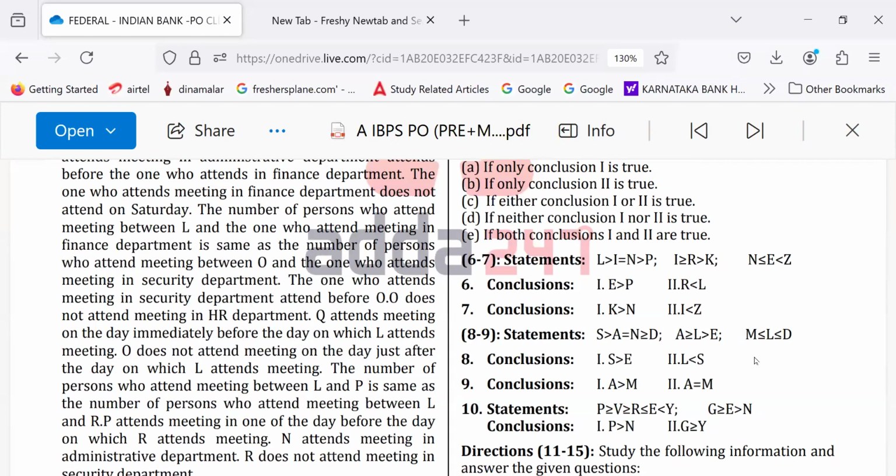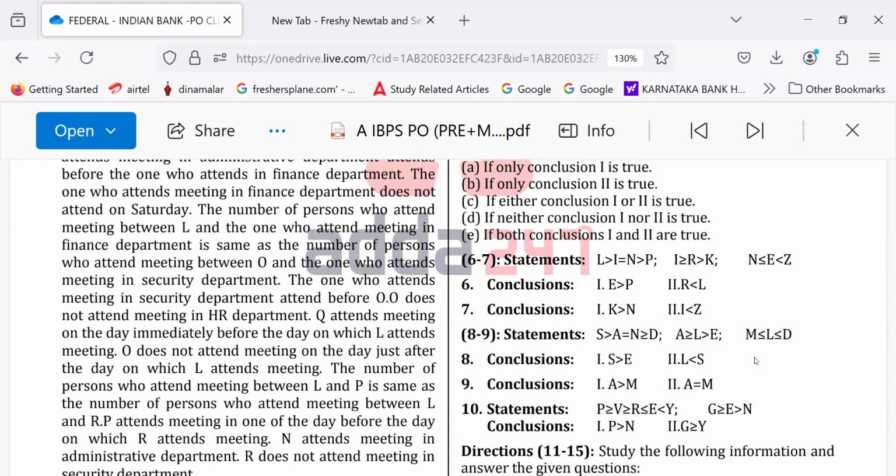So the answer for 8 is England, which means both conclusions are true. How many of you could understand this? You will have to think within yourself and then try to understand the answer.